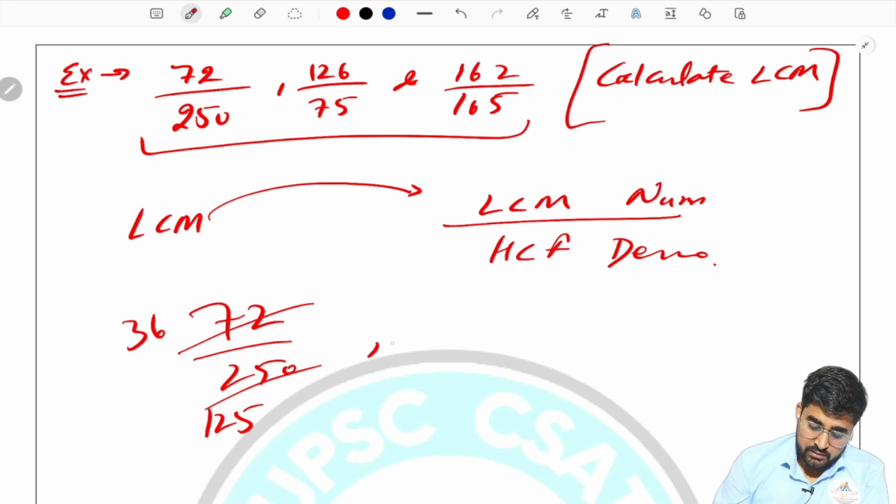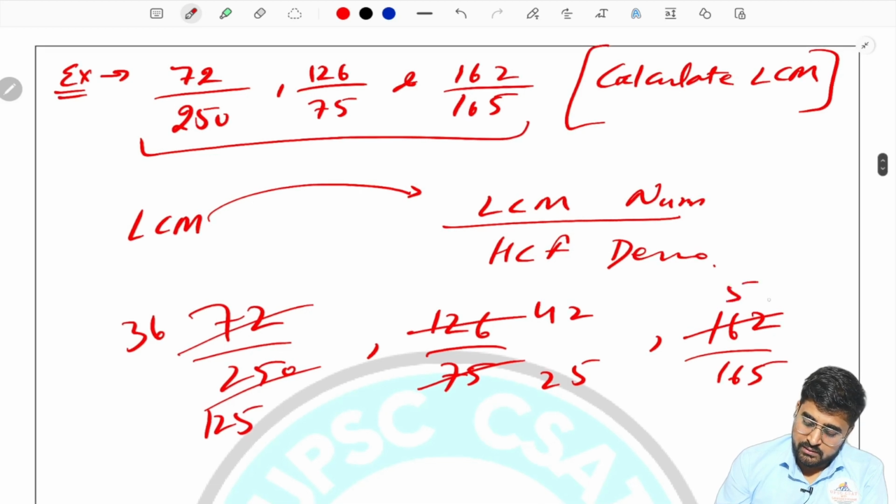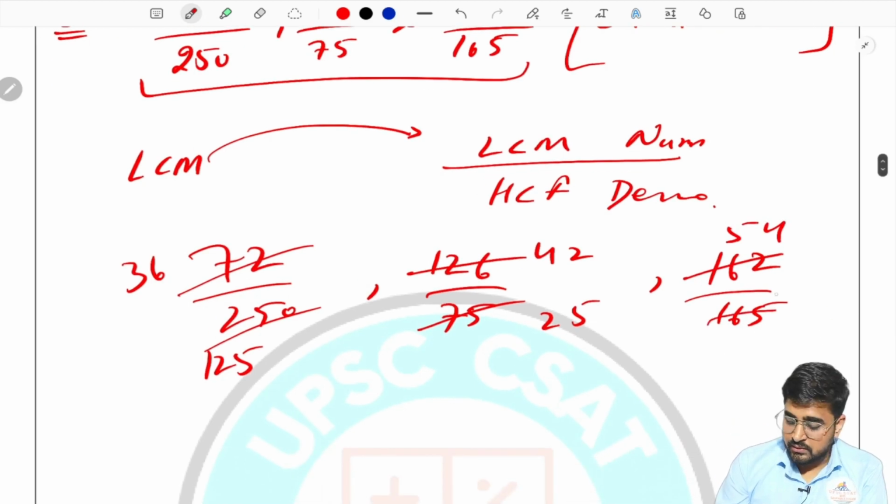No. 126 by 175, yes, it reduces. Now is there any possibility? No. 162 by 165, let us try. It will be divided by 3. Yes, it is going.